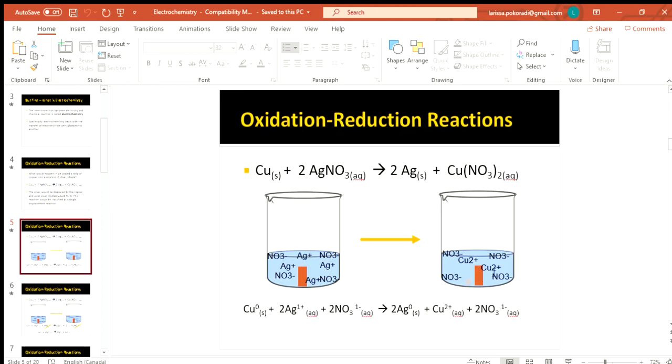Because we're drawing things as ions, I've got a new reaction down here in which I've taken those nitrates on either side, the silver nitrate and the copper nitrate, and put them to look like what we actually see in these beakers, where we have the silvers existing on their own and the nitrates existing on their own. Same on the other side, the coppers existing on their own and the nitrates existing on their own.